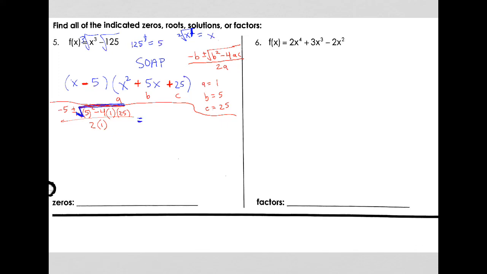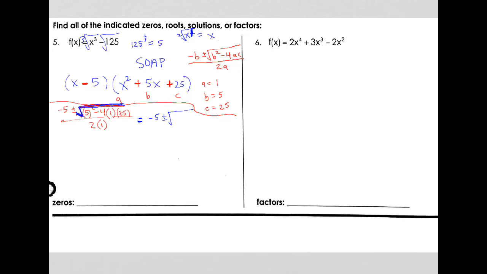So you'll still have -5 plus or minus. Now when you do the math underneath the radical, if you punch this entire thing right here into your calculator, I think you're going to get a domain error or something like that. When that happens, you can try just putting the information there under and see if you get a negative number, and that tells you why you're getting a domain error.